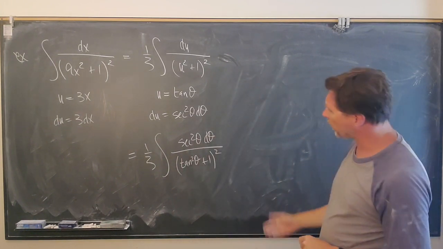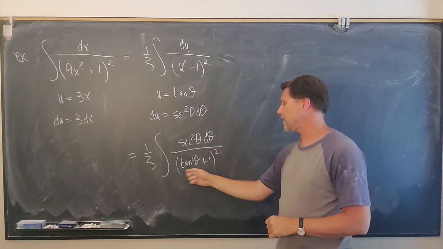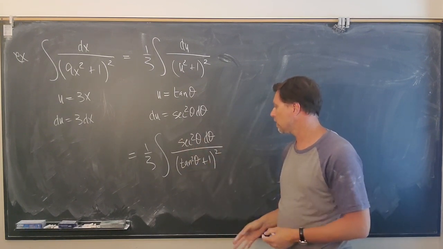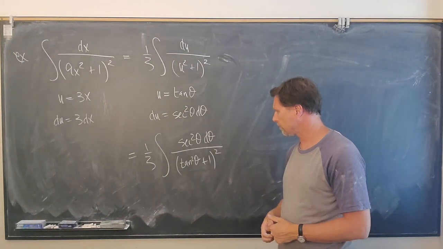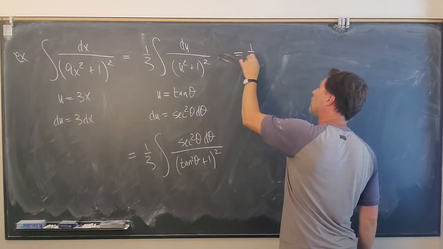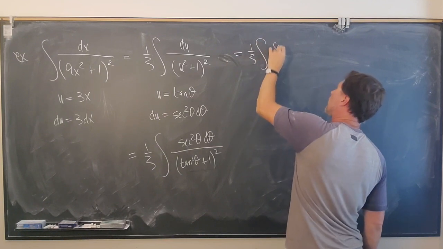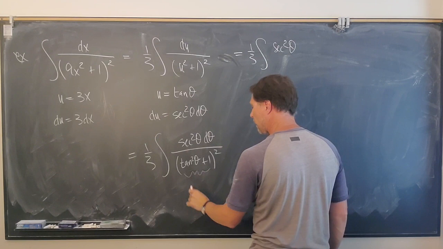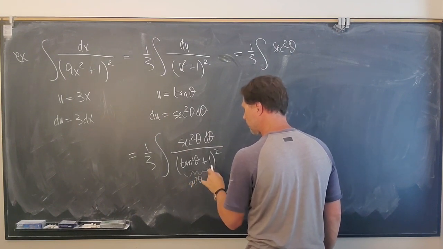If we were doing square root stuff, we'd apply an identity right here, and then the square root would kill off the squared. In this case, though, it's raised to the second power. I'm still going to apply the identity. So this is a 1/3 integral secant squared theta. Right here inside, that's a secant squared theta.